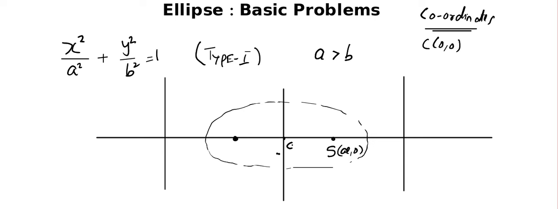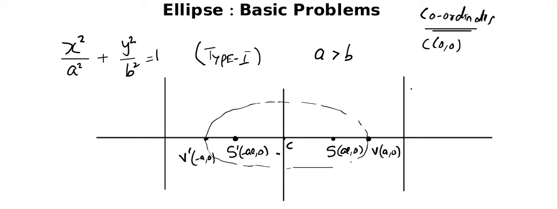Do you remember in the derivation we found that the length between C and S is ae? Similarly, the focus on the left will have coordinates (minus ae, 0). And the vertices are (a, 0) on the right and (minus a, 0) on the left.